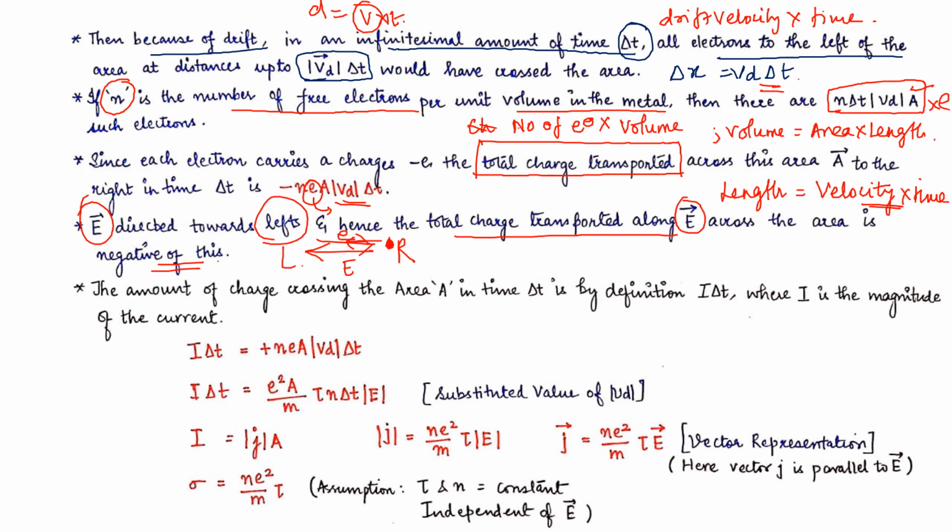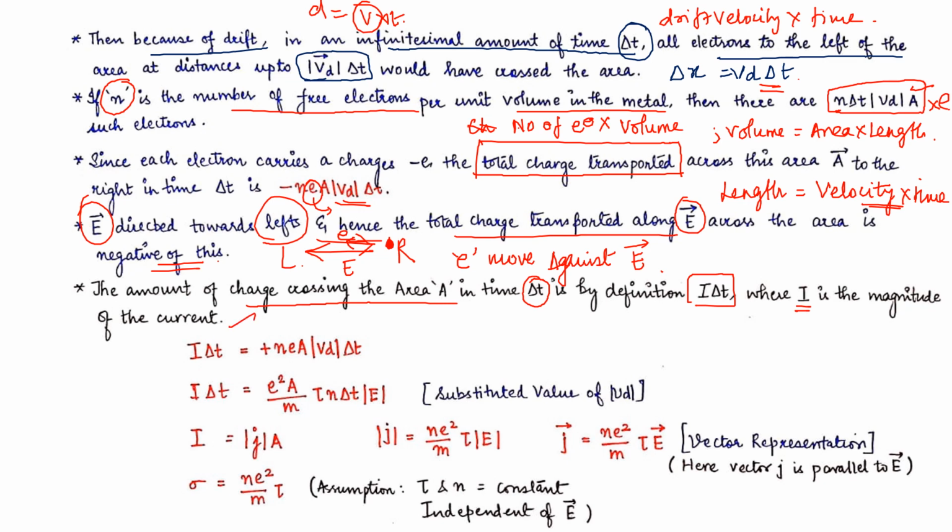See, it's very much universal that our charge e will move against capital E, that is the electric field. So if the electric field is directed towards the left, charge will move towards the right. Now the amount of charge crossing the area A in time del t by definition is I del t, where I is the magnitude of the current.